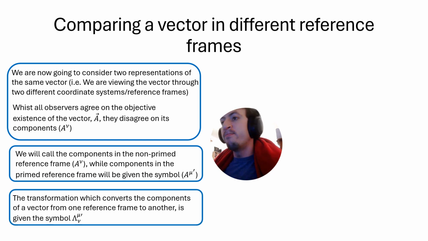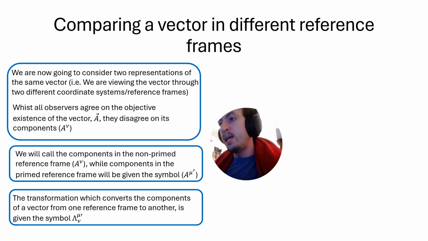And the transformation is going to have to be an object with two indices, because it's going to have to behave as some kind of matrix, because it's got to convert a list of ordered components into a different list of ordered components. And if you think about the rules of linear algebra, we'll need a matrix to do that.